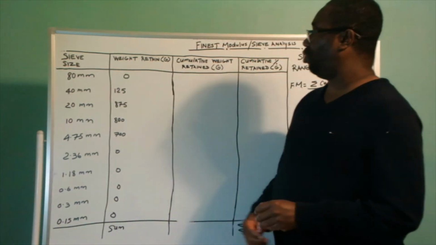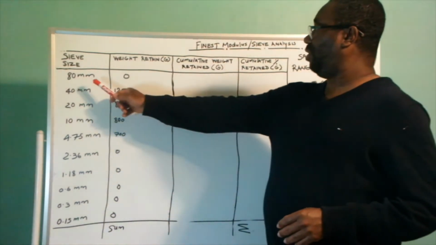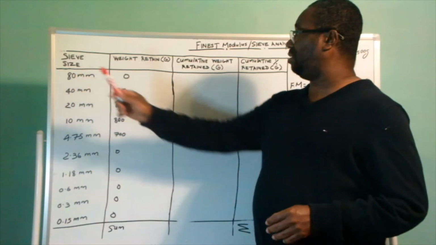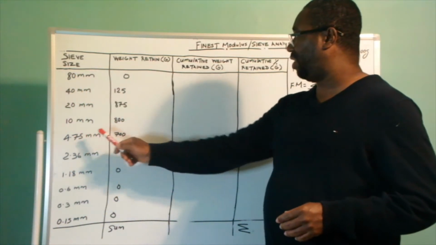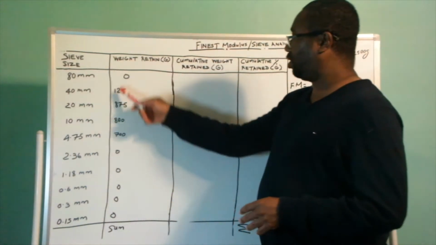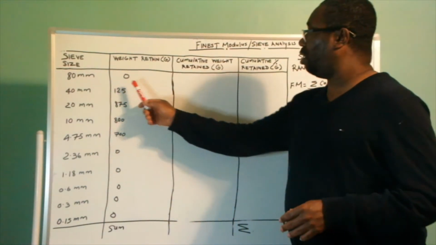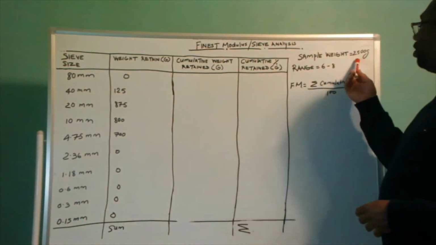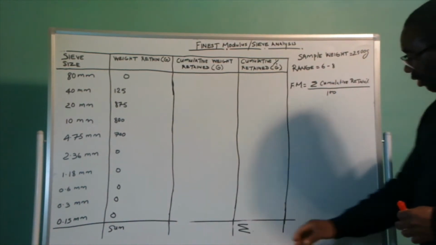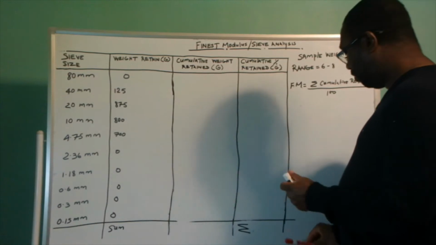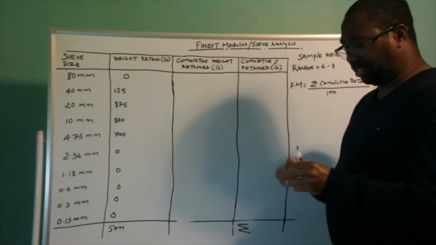So if you should total from your 80 millimeter sieve to your 4.75 millimeter sieve, this total is supposed to come back to this 2,500 grams of material. So how can we prove that that is the case?